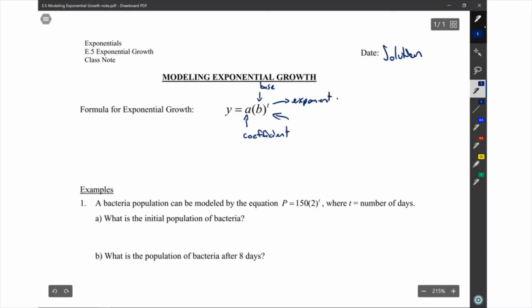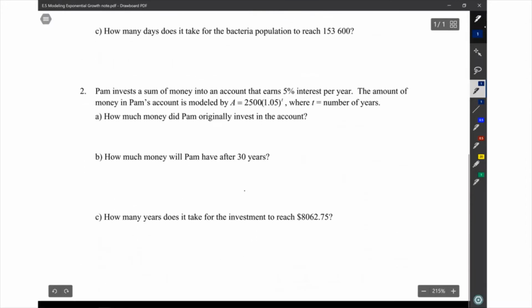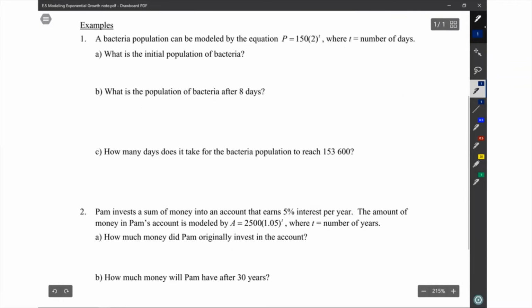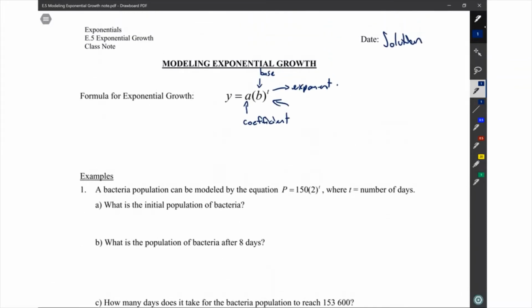Now we're going to take a look at the meaning of these three numbers and then work through a couple examples, understanding what we can learn from this formula.